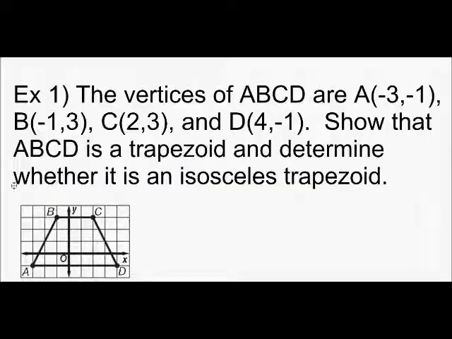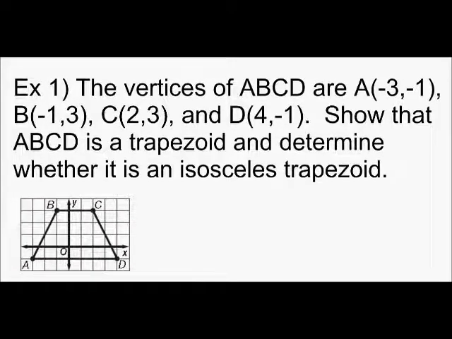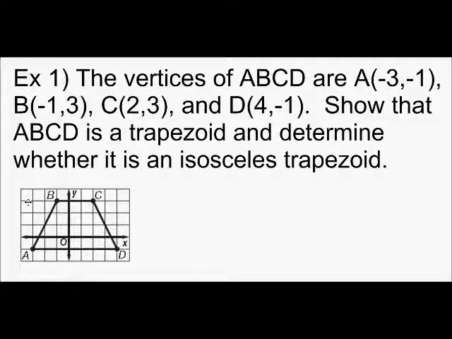Okay. Example 1. The vertices of ABCD are A(-3, -1), B(-1, 3), C(2, 3), and D(4, -1). Show that ABCD is a trapezoid and determine whether it is an isosceles trapezoid.